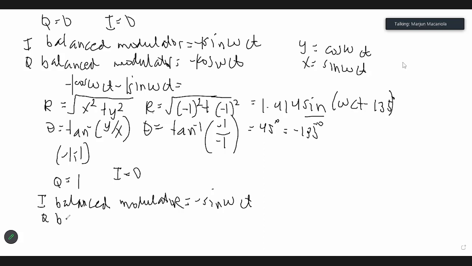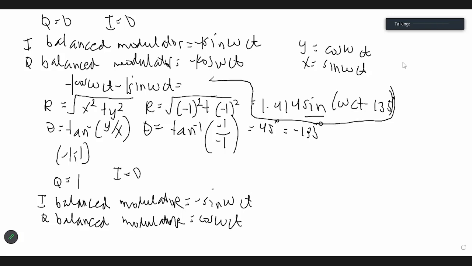Ang ating Q balance modulator will be equal, dahil ito ay 1 na, so magiging positive cosine omega ct. Okay? So ang magiging linear summer output niya will be cosine omega ct minus sine omega ct.